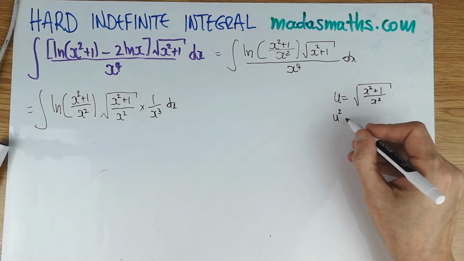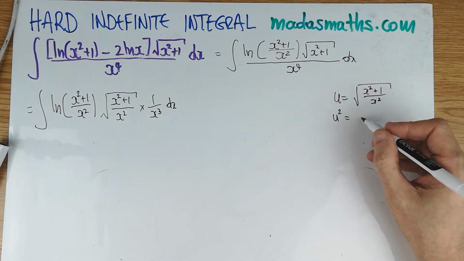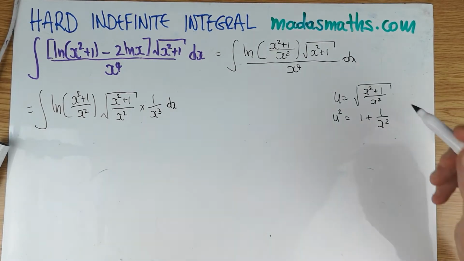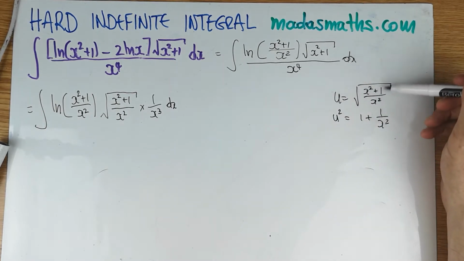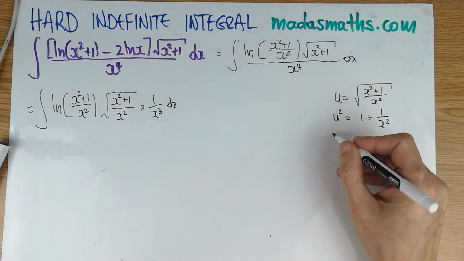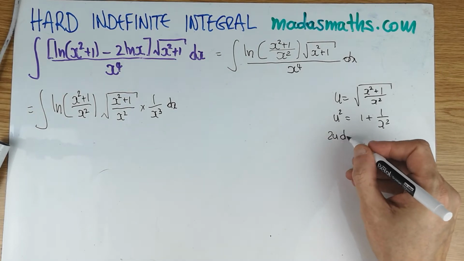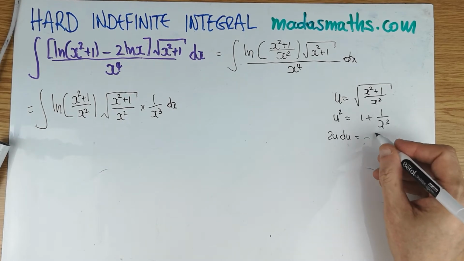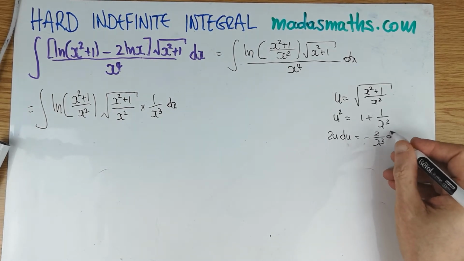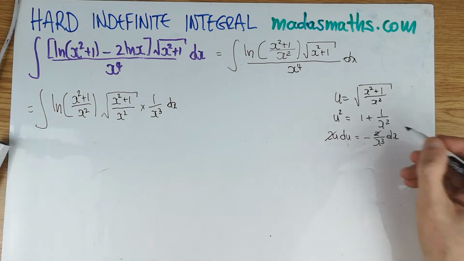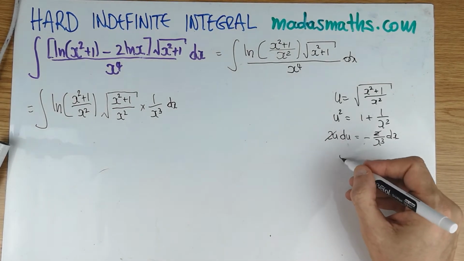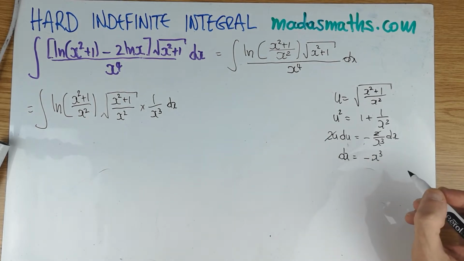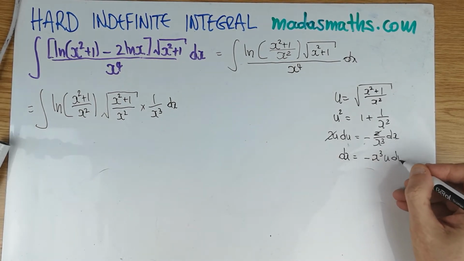Then I'm going to square it before differentiation and rewrite it as 1 plus 1 over x squared, splitting the fraction at the same time. Differentiating with respect to x, 2u du is equal to minus 2 over x cubed dx. Cancel the 2s, and dx is going to be minus x cubed u du.